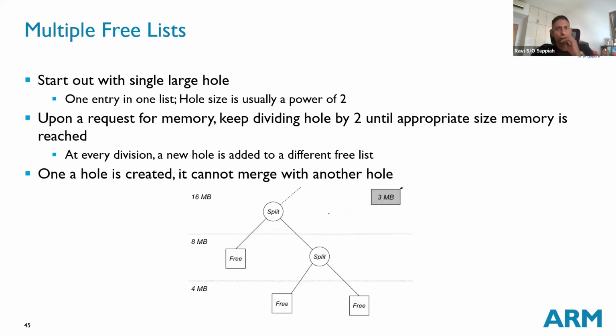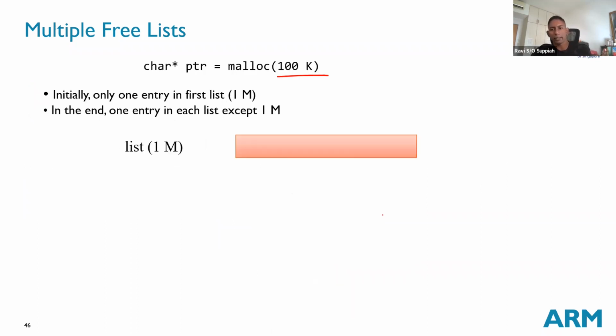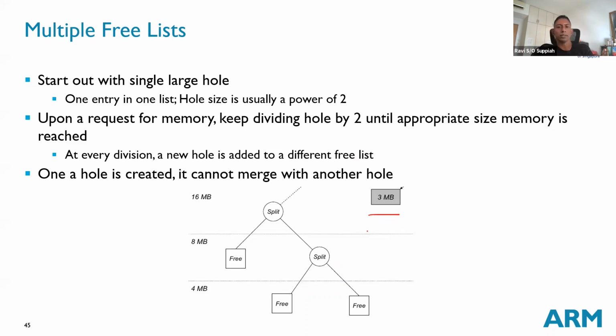In this example, if I have 16 megabytes of memory, I can split it into 8 megabytes, and then split the other 8 megabytes, and so on. I can keep dividing by 2 and splitting until I get the desired size that I want. For example, if I want a 3 megabyte space, I can continue to split along one branch until I get the closest matching size that can fulfill the request, and then I stop.